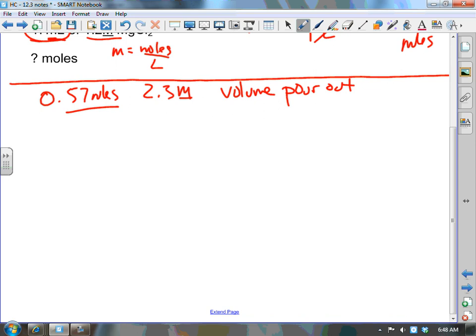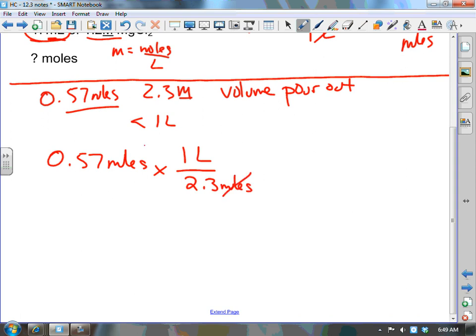Right? Well, I've got a bottle that has 2.3 moles for every liter I pour. I only need 0.57 moles. I'm going to need a lot less than 1 liter. So if I have 0.57 moles, for every 1 liter I pour, I get 2.3 moles to come out.